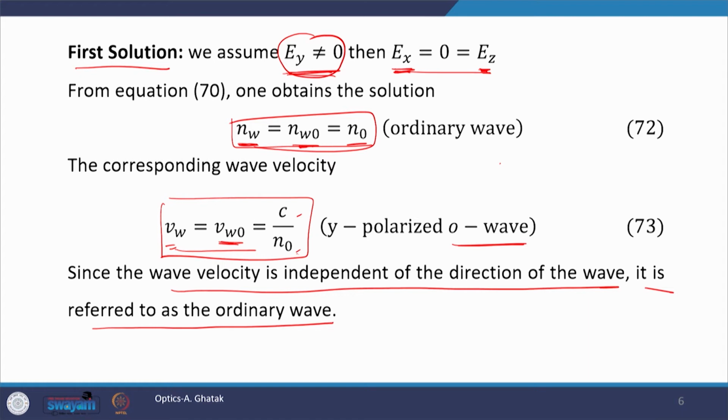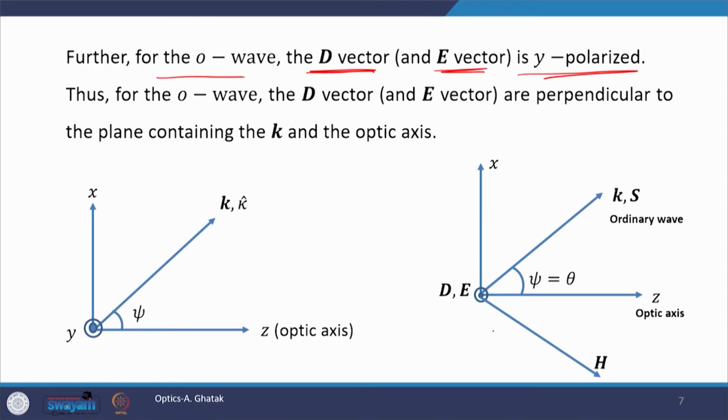D would be equal to epsilon E, and epsilon is a scalar quantity, and therefore, D points along E. And therefore, for the O wave, D vector and E vector both, because they are pointing in the same direction, are perpendicular to the plane containing k and the optic axis.